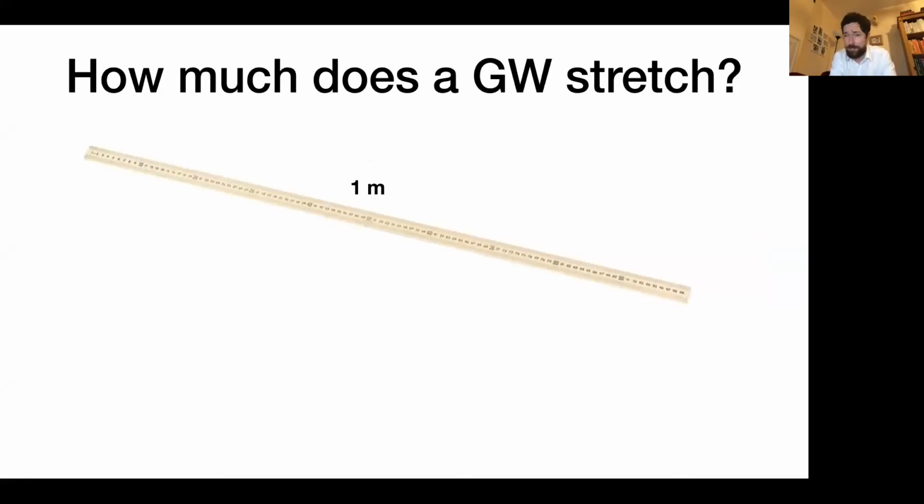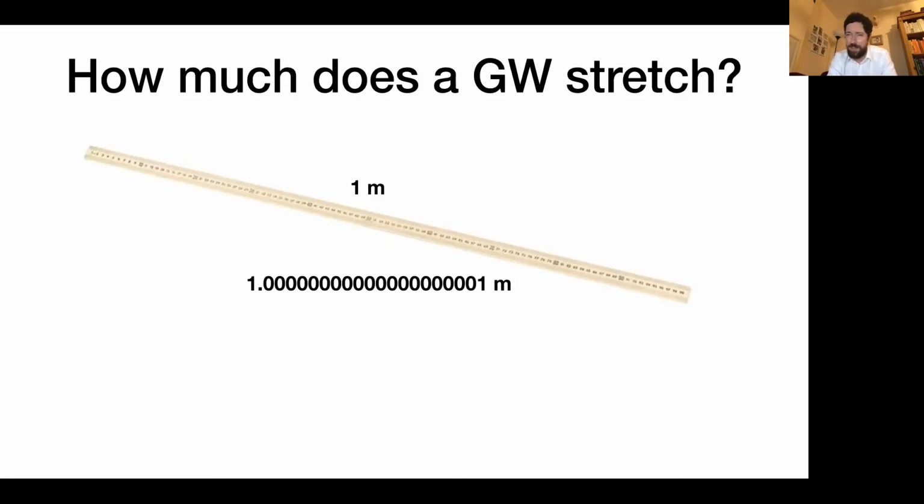So we know already that gravitational waves are going to stretch and compress space by a very, very small amount. If you take a meter stick like this, and a gravitational wave like you might get from some of the phenomena I'm going to talk about in this talk were to pass through it, this meter stick might end up being 1.00000000001 meters long.